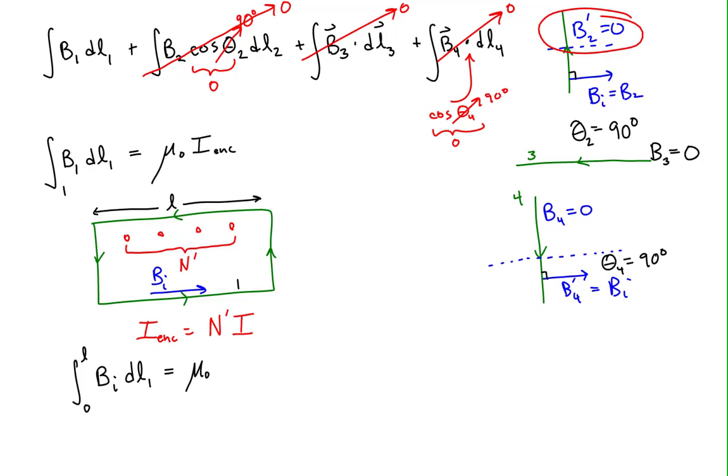And that current enclosed by our Amperian loop is N prime I. Now remember, the magnetic field is uniform. And since it's our only surviving magnetic field, I am going to call this B. And being uniform, it's a constant magnetic field, which means we could pull it outside of the integral.